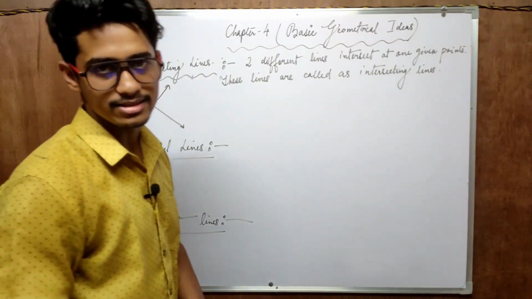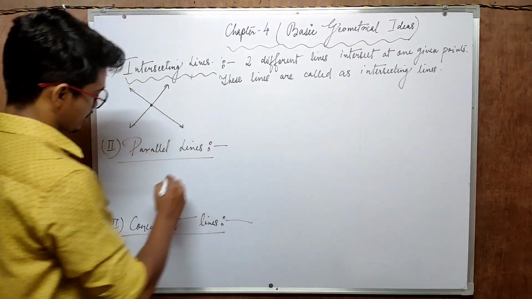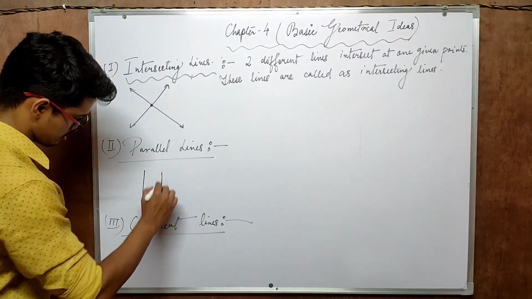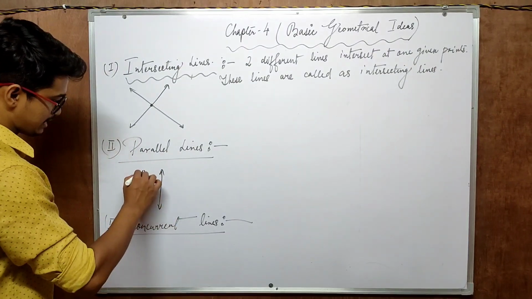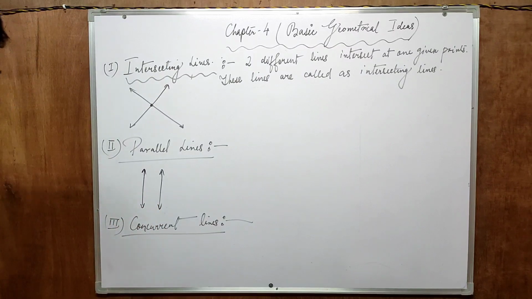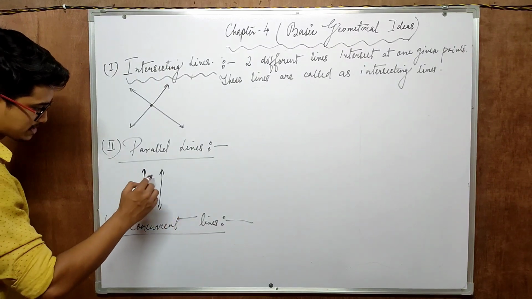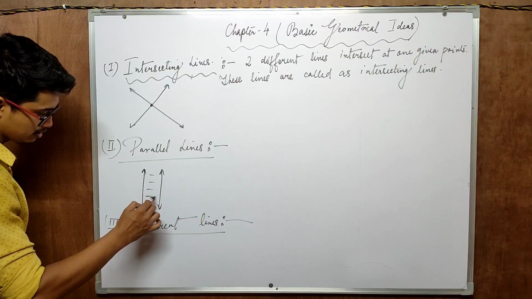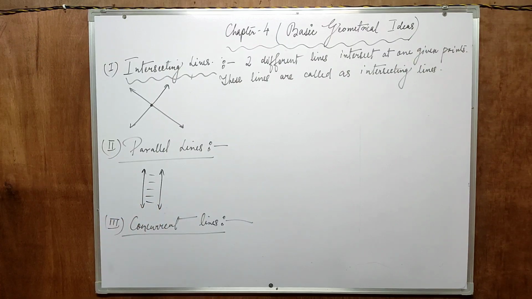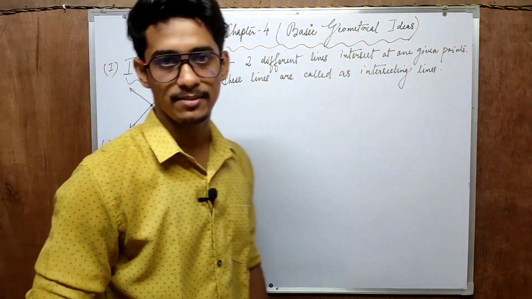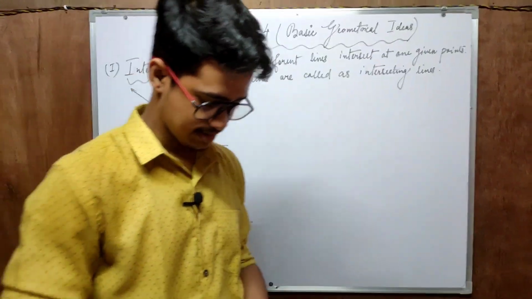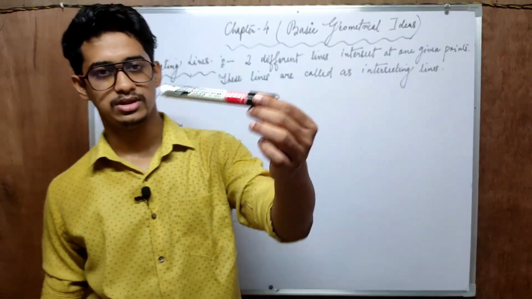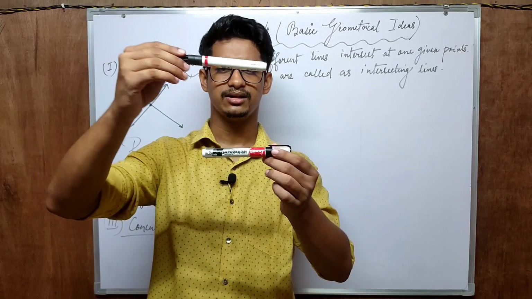So parallel lines means what? Again, 2 lines, but there is no common point. And if you observe the gap between each and every point, the gap should be the same. Let's say this is one line, there is another line.